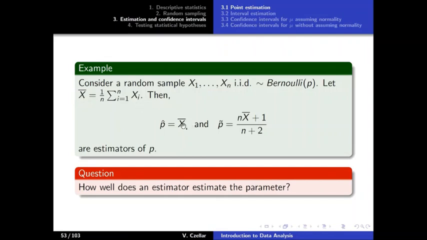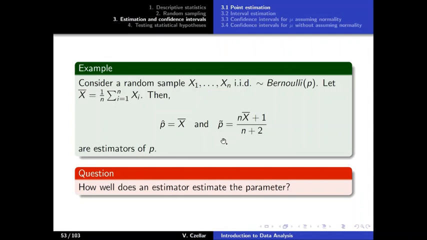Now, this mean is already an estimator for p, but I can invent all sorts of weird estimators. Any function of x bar or any other function of the xi's would also be an estimator. Let's consider already these two functions of my random sample. These are estimators, p hat and p tilde.